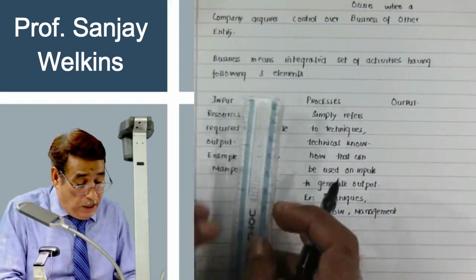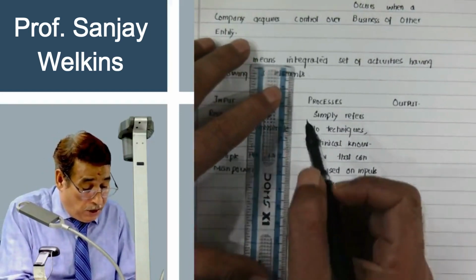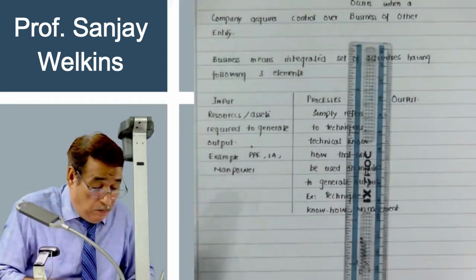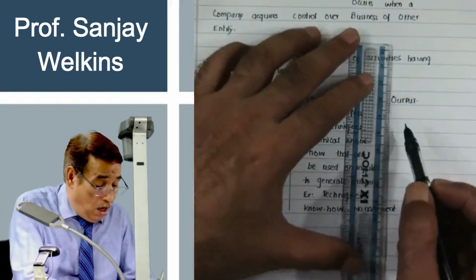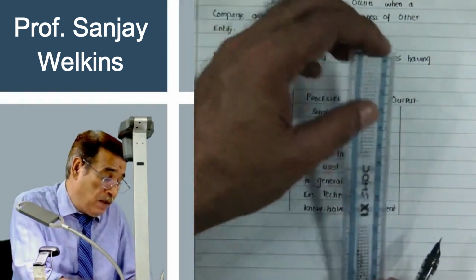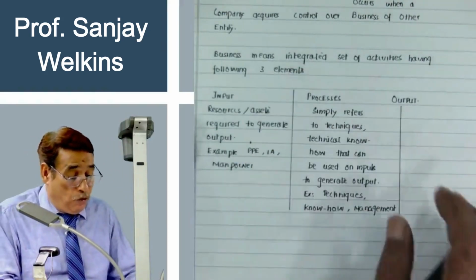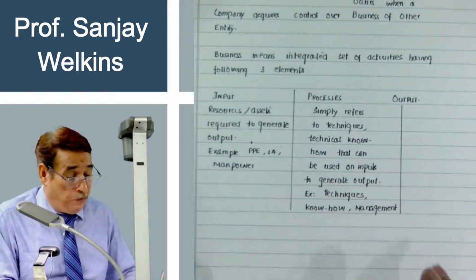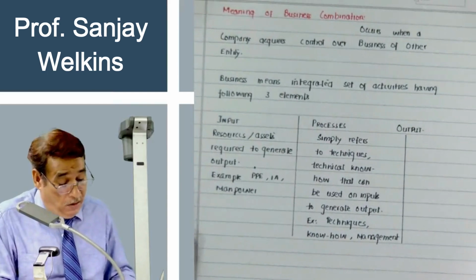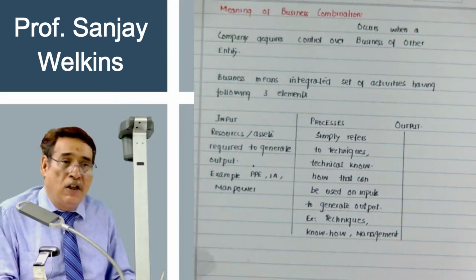And many people are not able to understand, should I say, the real meaning of output in the context of this term business. Of course, business is a set of activities and it has got three elements as we have seen. One is input, another one is process, third one is output.